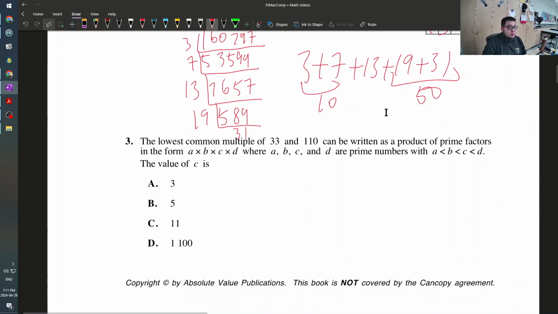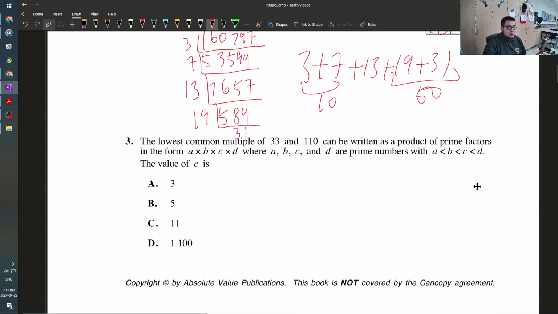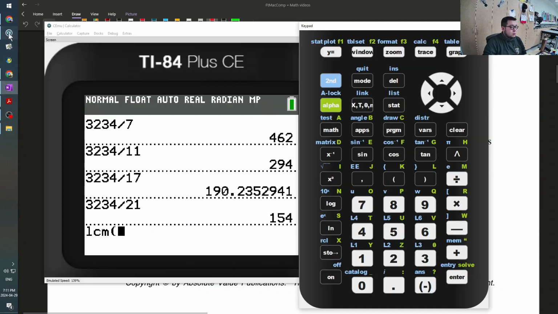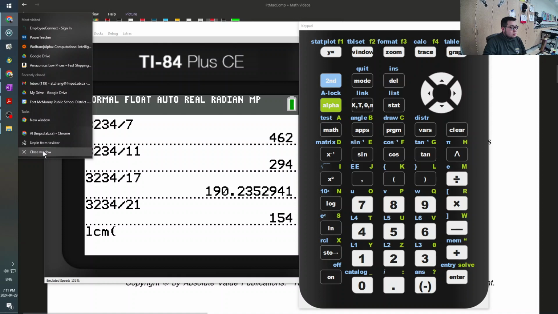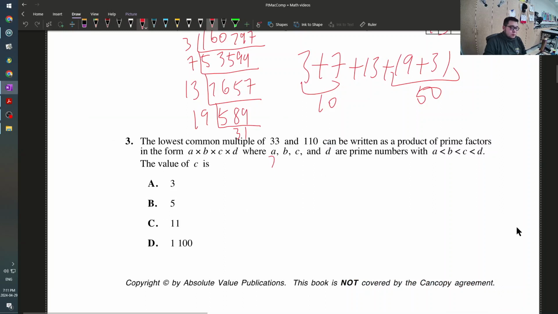Okay, 3. The lowest common multiple of 33 and 110 can be written as a product of prime factors in the form a times b times c times d, where a, b, c, d are prime numbers. What is the value of c? If you can use your calculator, I think you should. So math, number, least common multiple of 33 and 110 is 330. What are the prime factors of 330?